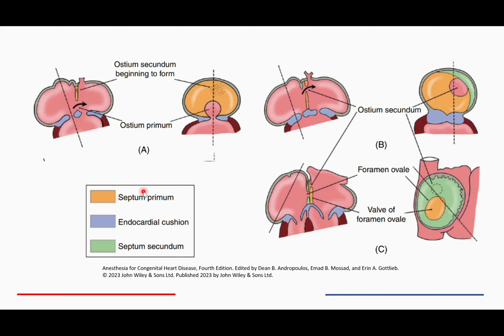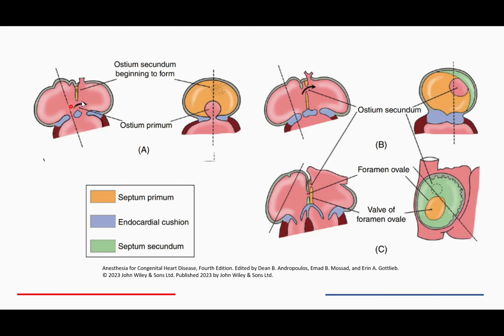The septum primum develops from the roof of the common chamber, and then it merges with the endocardial cushion, this one in blue. So they fuse together. If the endocardial cushion is congenitally absent, the septum primum will not join anything in the middle. So an ostium primum is formed.